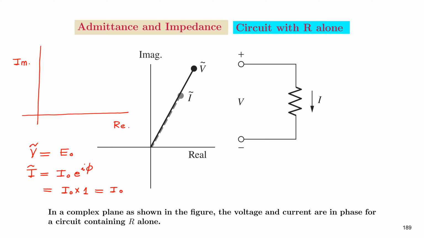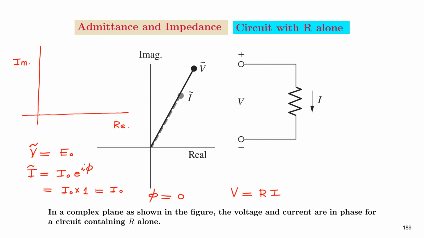So in the case of a circuit containing only the resistor, the voltage and current are real quantities, and the phase difference between the voltage and current, phi, is equal to 0. Also, the relationship between V and I is linear.